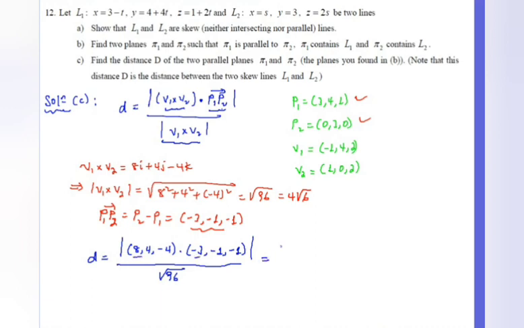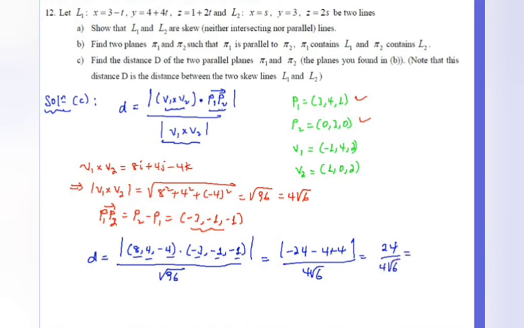This is the same as 8 times minus 3, which is minus 24; 4 times minus 1 is minus 4; minus 4 times minus 1 is positive 4. So over 4 radical 6, this means 24 over 4 radical 6.